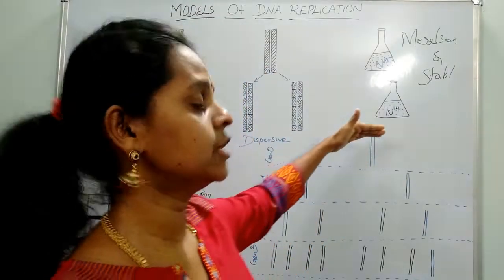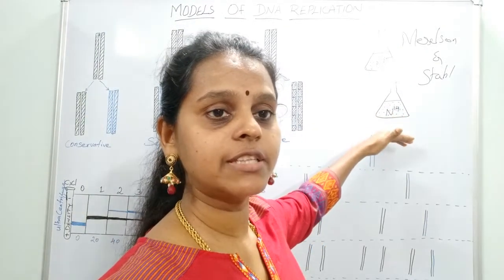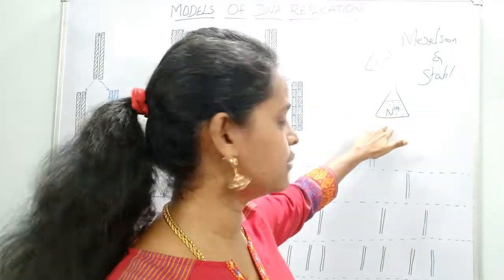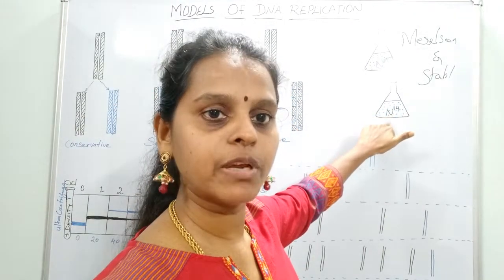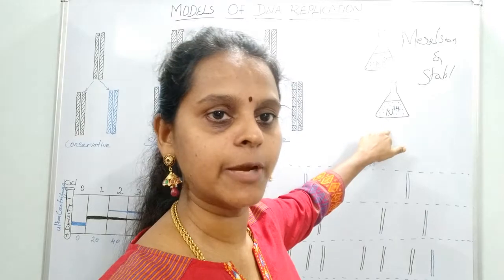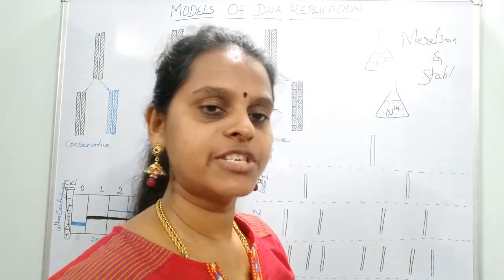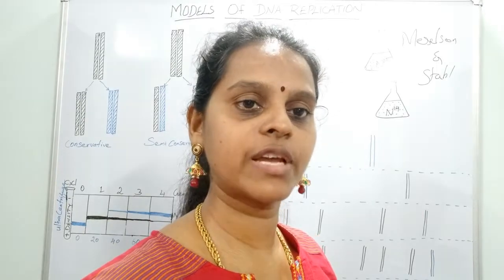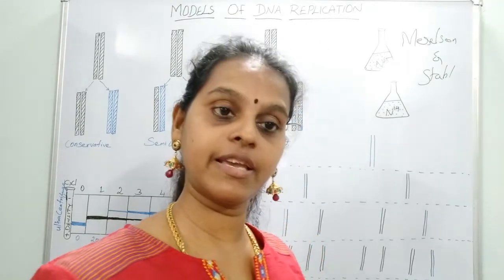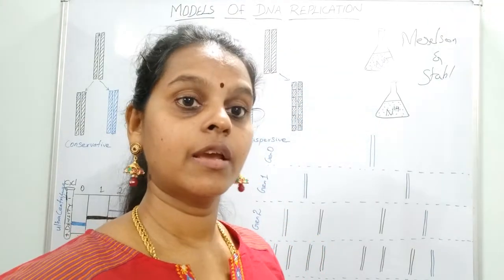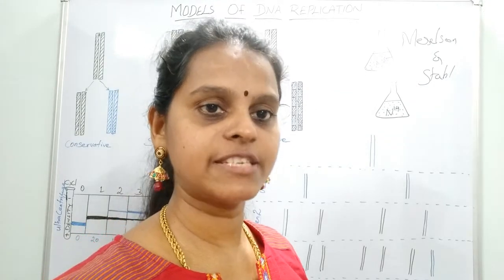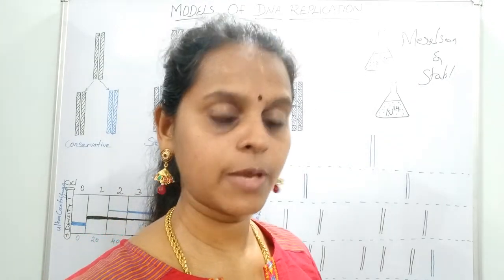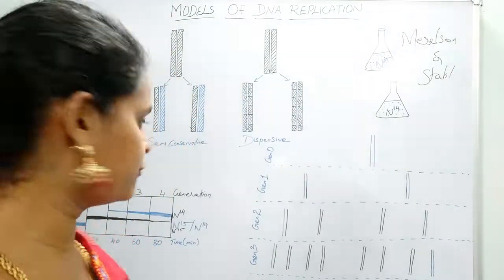After inoculating the bacteria into the N14 nitrogen containing medium, the zero generation of the cells was harvested. A few ml of cells were harvested from the culture, and they isolated the DNA and went for density gradient centrifugation.